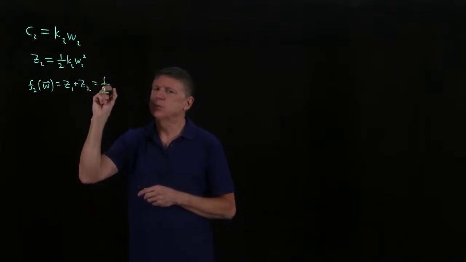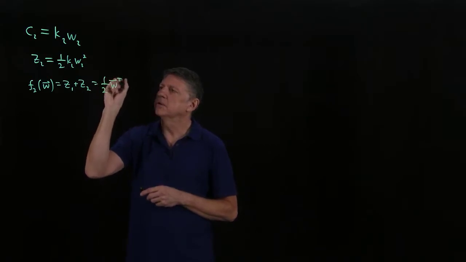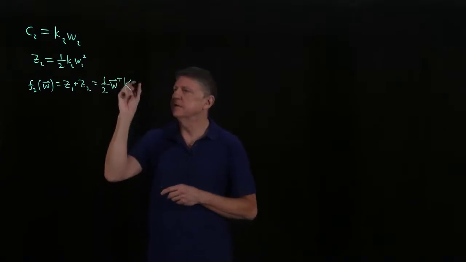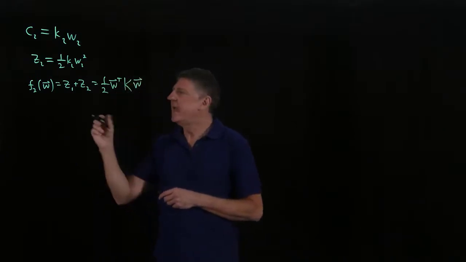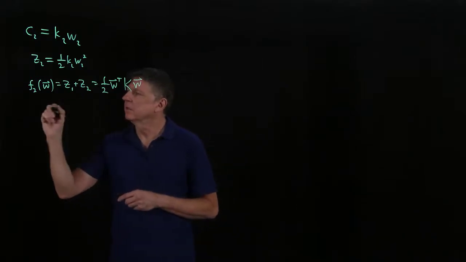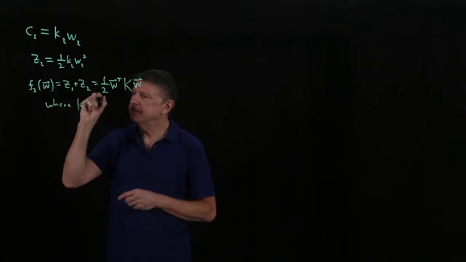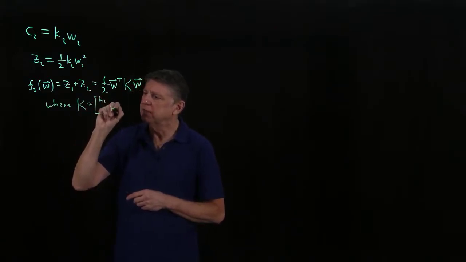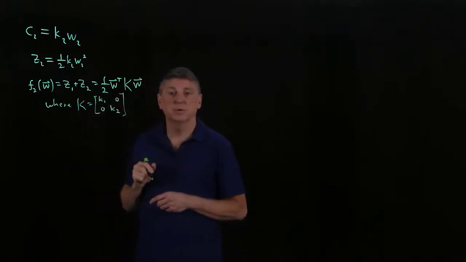I'll write that as 1/2 of the argument vector times a symmetric positive definite matrix times the argument, and here we'll note that this matrix will be K1 and K2 on the diagonal, and then the off diagonals will be 0.